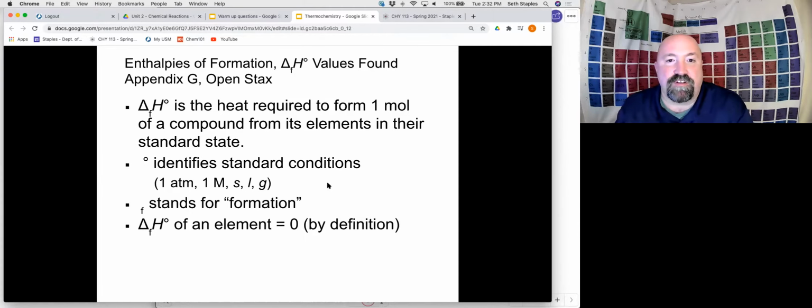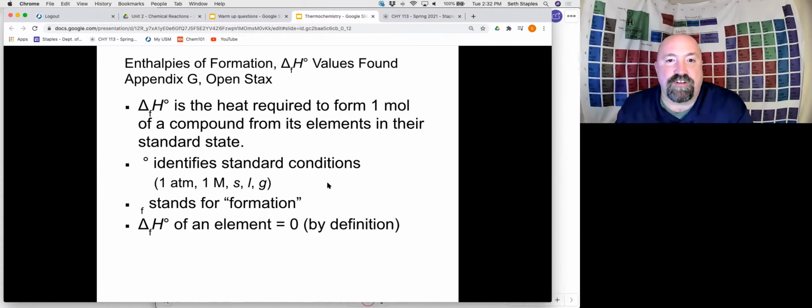Then we're going to add up our products, add up our reactants, and we're going to subtract. And so in the case of CO2, for our products, we have 6 times negative 393.5. For our products, we also have 6H2O.